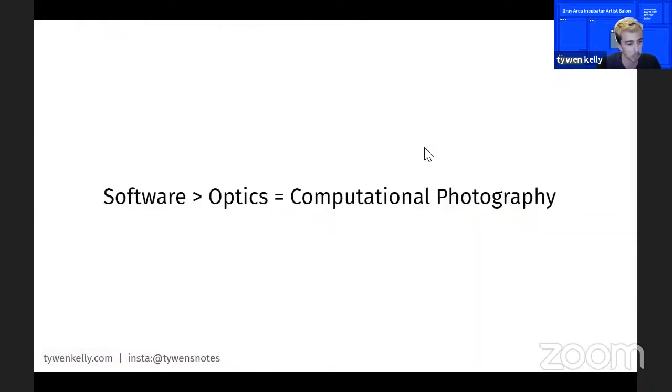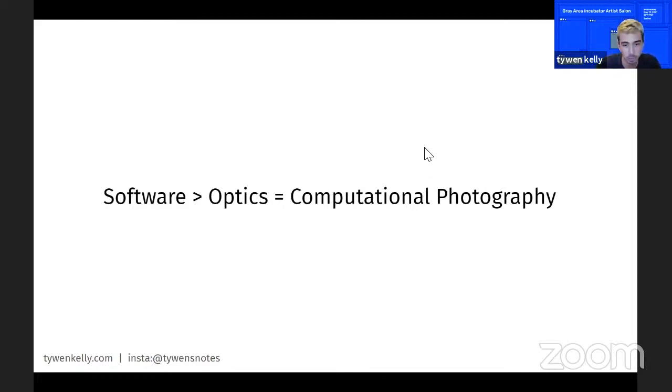So this is my cheeky definition of computational photography. In my idea, computational photography is all about how an image is processed. And if during that processing of the image, the software influences the optics, then that for me defines computational photography.